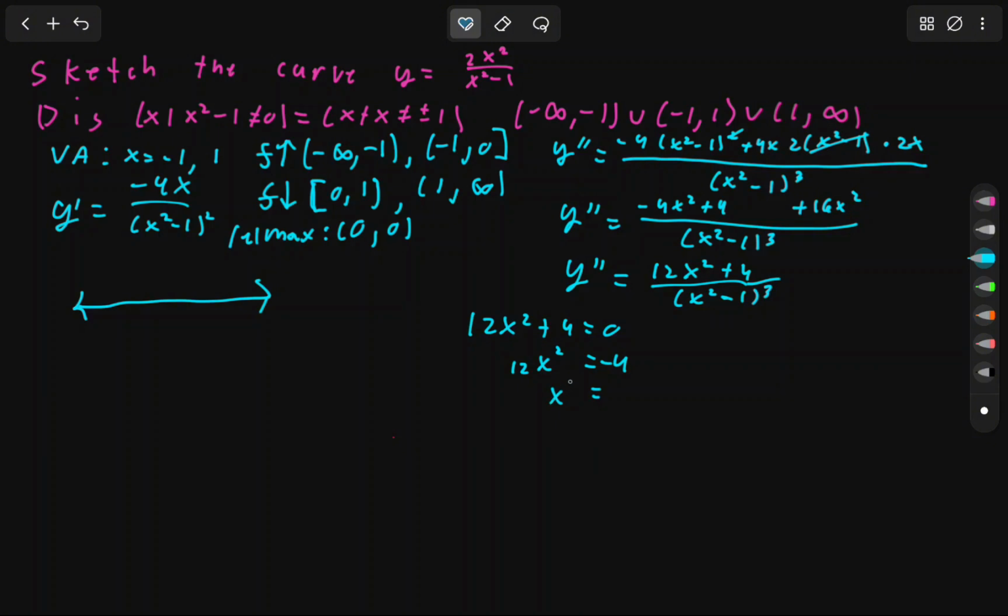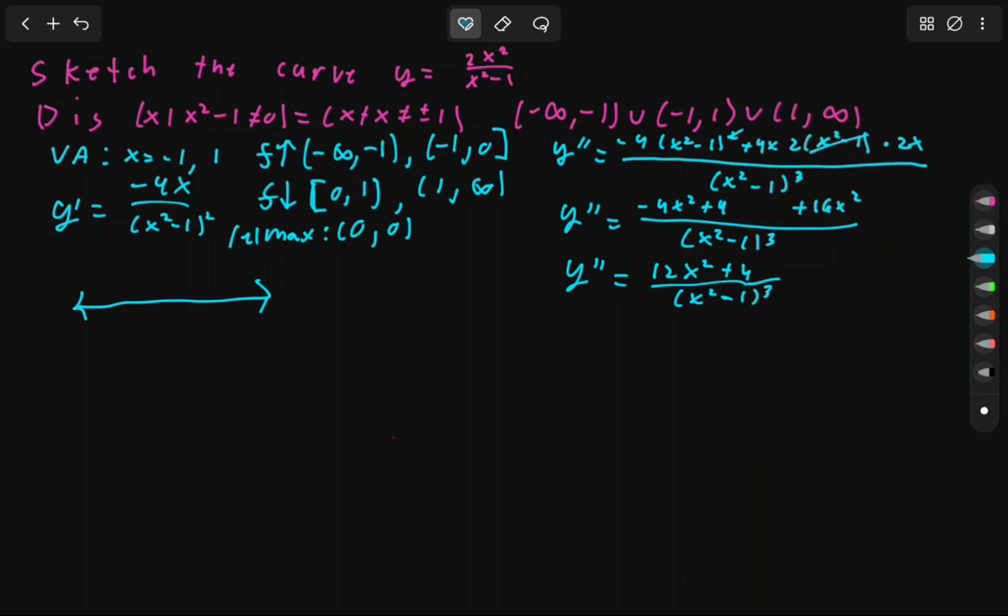So x squared must be -4 over 12, which will simplify to -1/3. However, taking the square root of that is going to give us an imaginary number. So we don't have to worry about the numerator in this case for being a point of inflection.